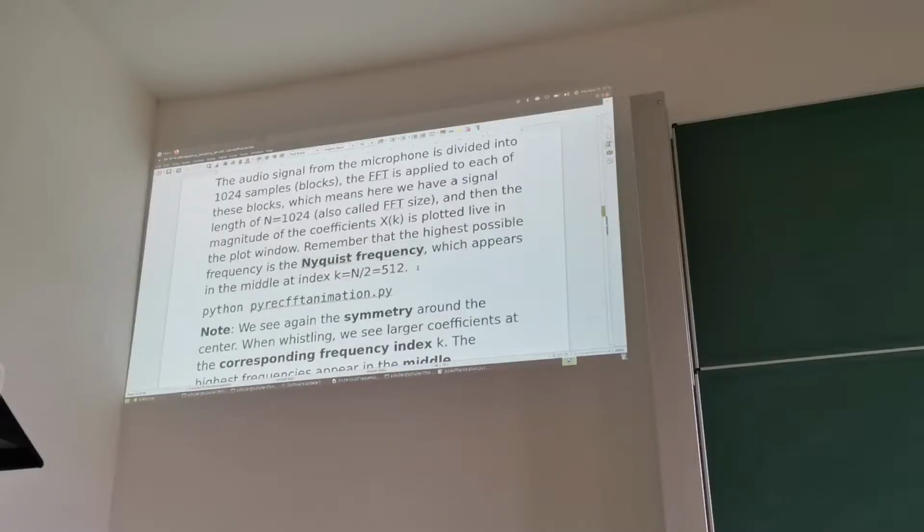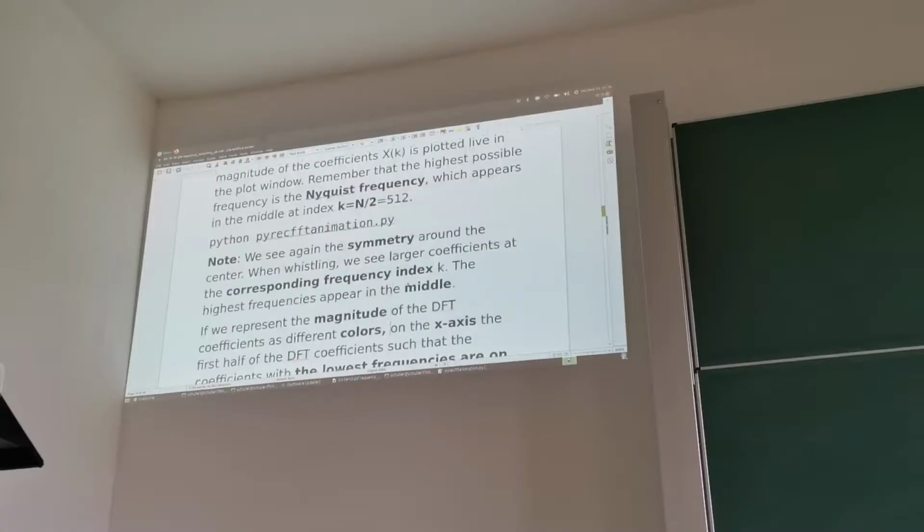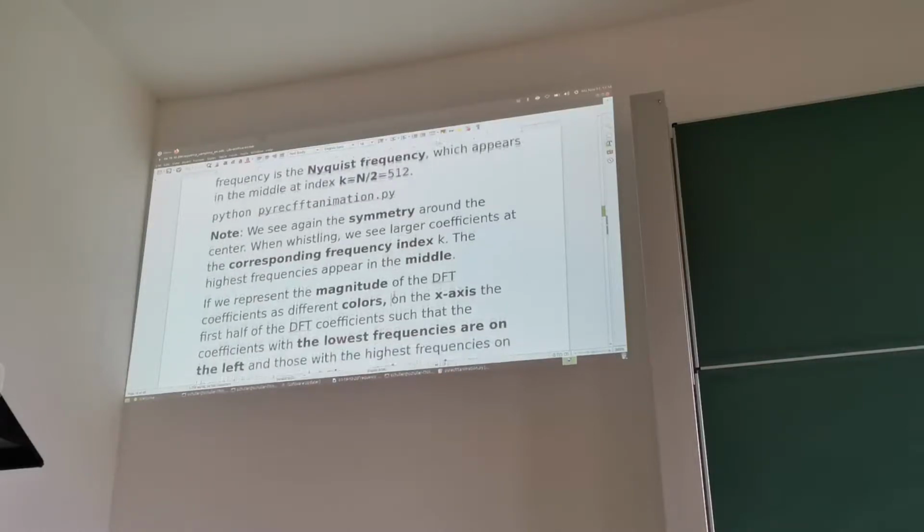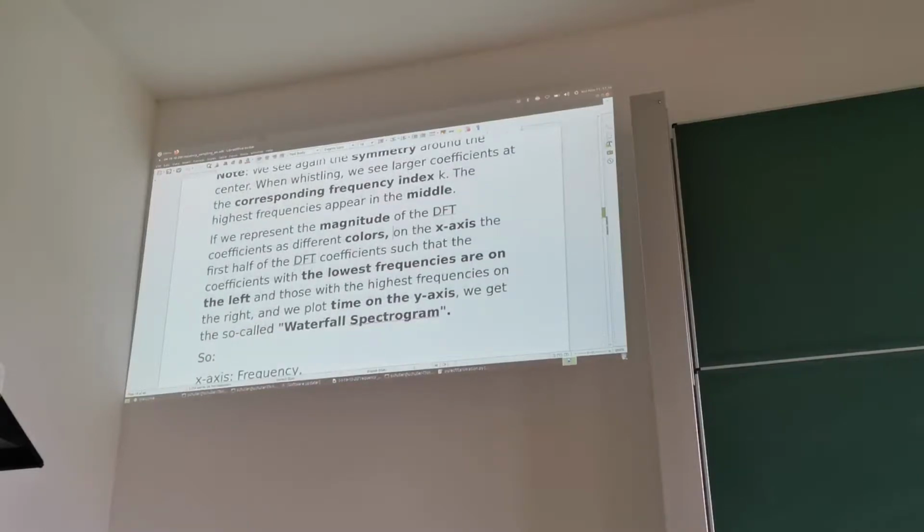So remember the meaning of Nyquist frequency. So we saw the symmetry, and when whistling, we see the larger coefficients at the corresponding frequency index. So I just mentioned that.